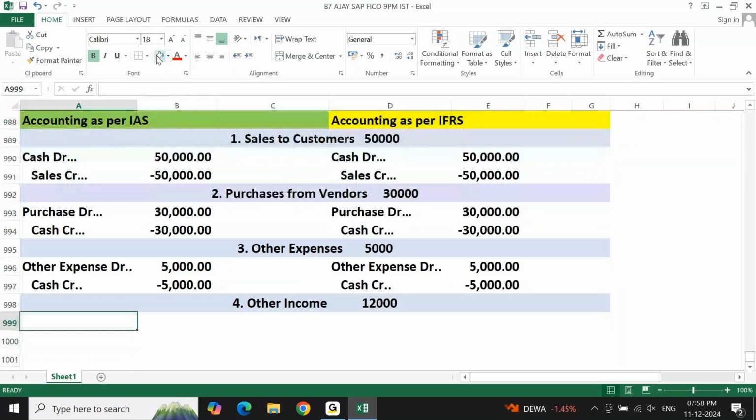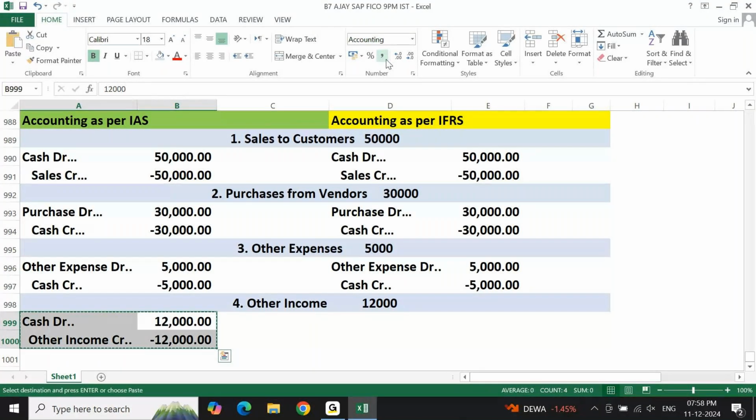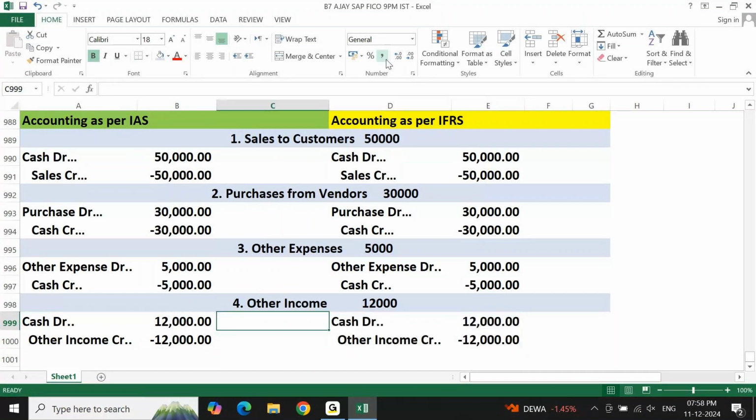Accounting entry for this: cash will be debit, other income will be credit. What will be the amount? 12,000 on the debit side, 12,000 on the credit side. This is the accounting format. Will there be any change in the accounting for IFRS or will it remain the same? No change. It will remain the same here also, right?